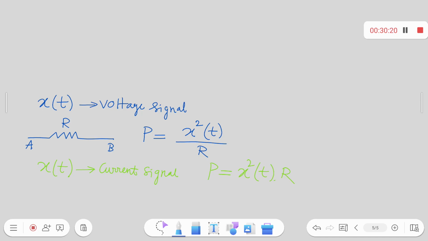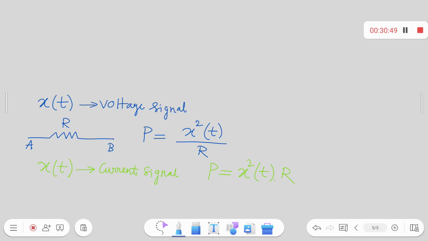You measure the voltage value at that particular time, square it, and divide it by the resistance. You measure the current at that particular time, square it, and multiply by the resistance. If the resistance is equal to 1, then the power value is exactly equal to the square of the signal value, right? So it is customary to use the power as the square of the signal.